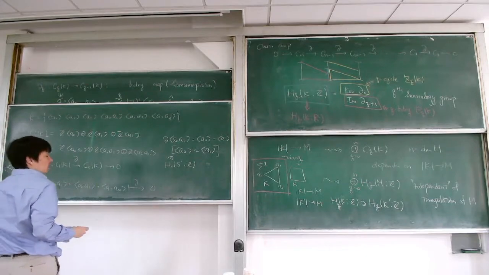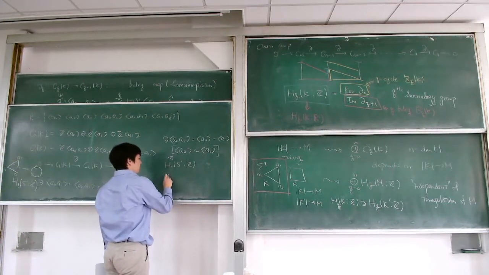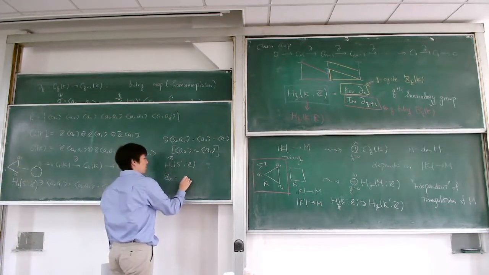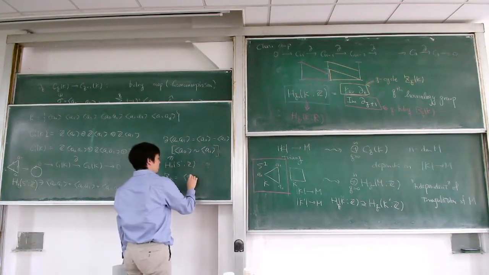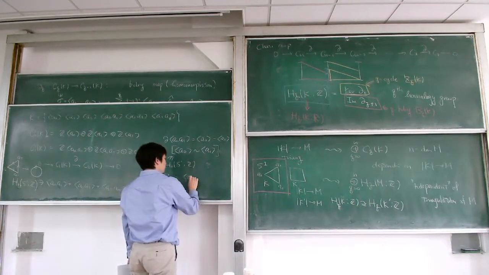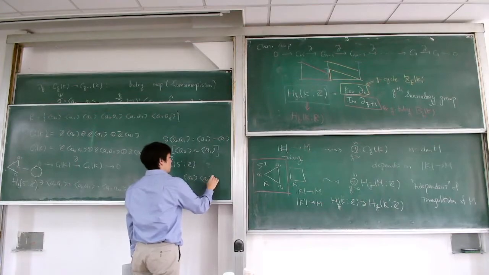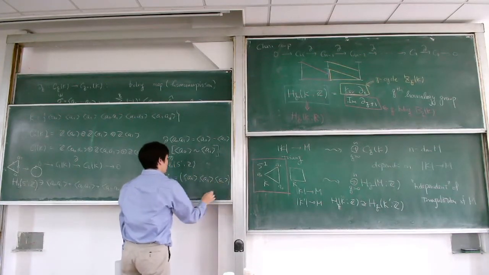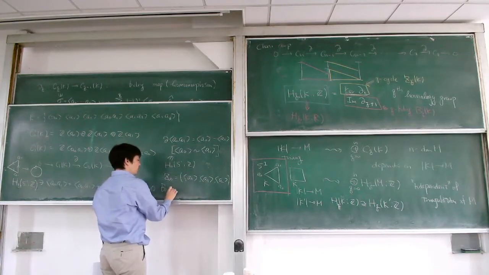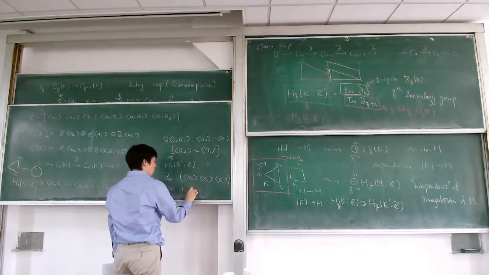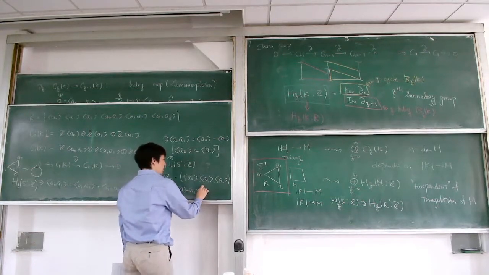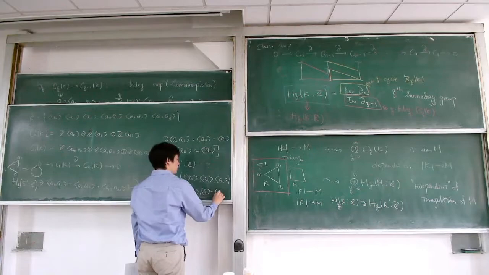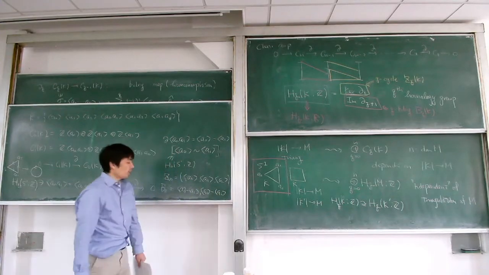So Z0 is spanned by A0, A1, A2. The boundaries are A0 minus A1, and then A1 minus A2, and then A2 minus A0.